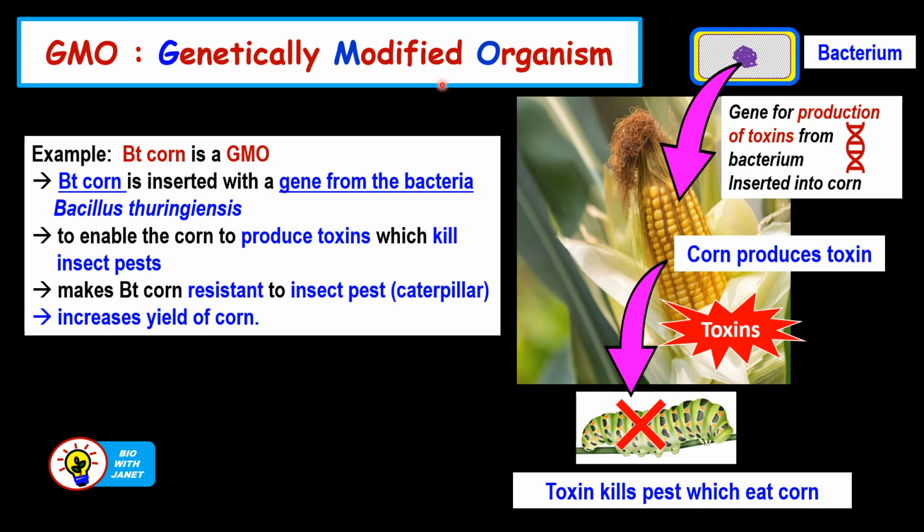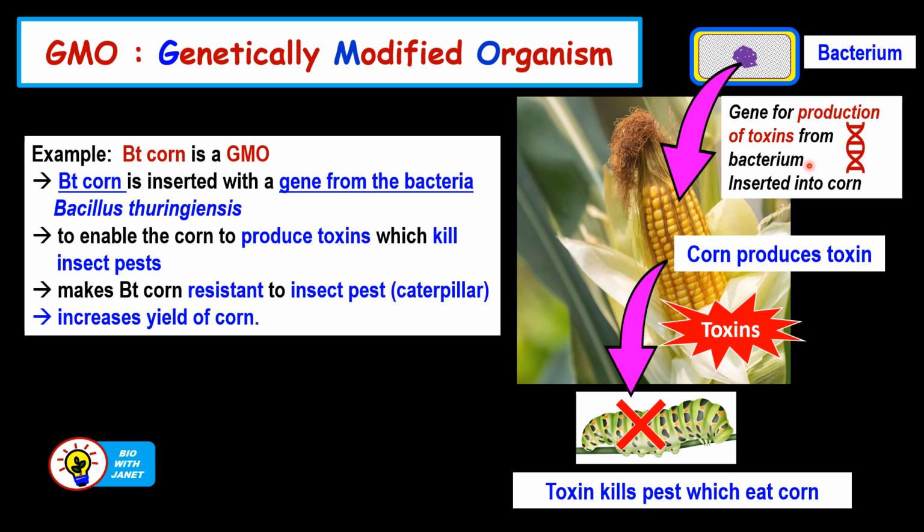So let's look at this example of a genetically modified organism, BT corn. It is a GMO which has been inserted with a gene from the bacteria Bacillus thuringiensis. So this corn has received a gene from a type of bacteria, and this gene enables it to produce the toxins just like the bacteria does.